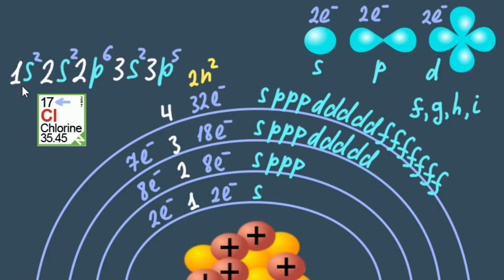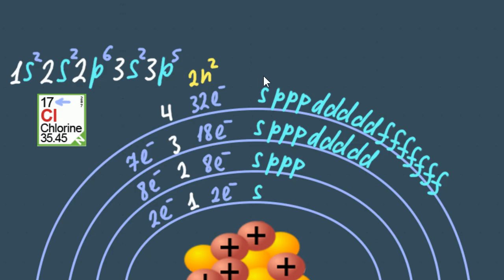The first energy level of the s orbital is 2 electrons. The second energy level of the s orbital is 2 electrons. And the second energy level of the p orbital is 6 electrons. Further, the third energy level of the s orbital is 2 electrons. The third energy level of the p orbital is 5 electrons.